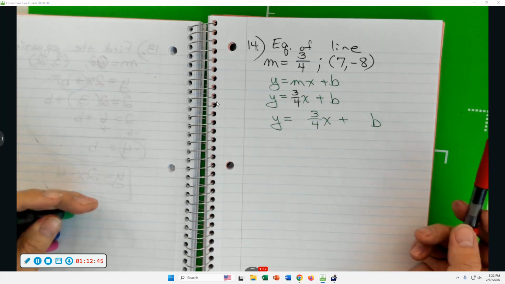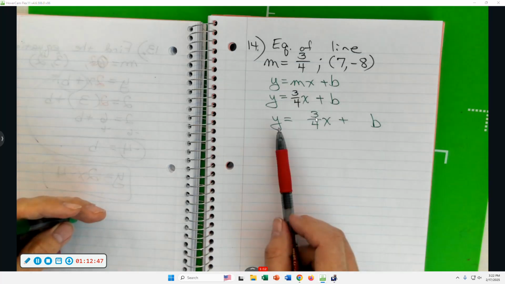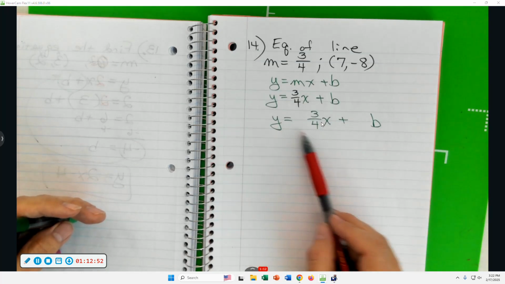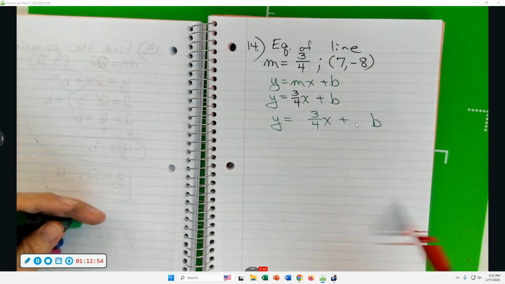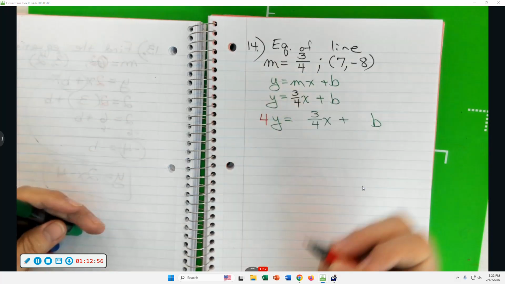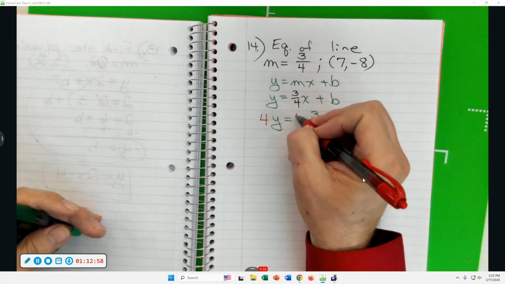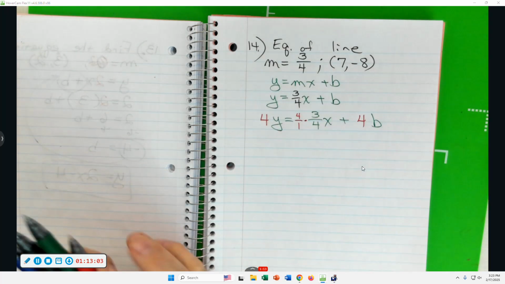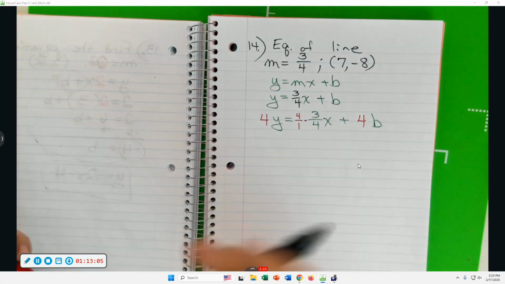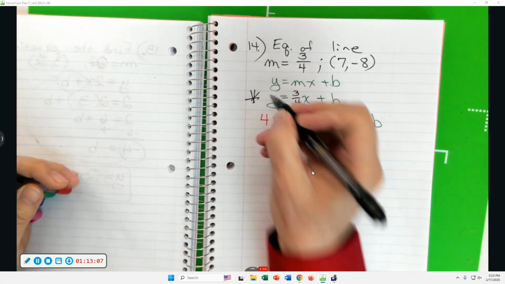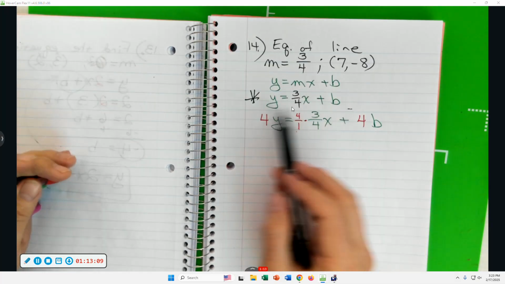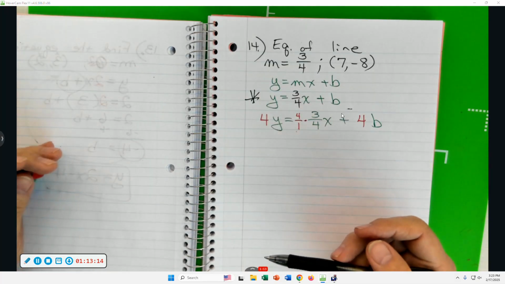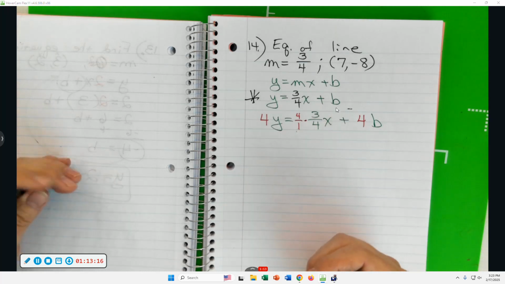How many terms do I have on the left? 1. How many on the right? 2. So I'm going to multiply by 4 three times: 1, 2, 3. But keep in mind, our final answer is going to be in this form, y equals 3/4 x plus b. We're just trying to find b at this point.